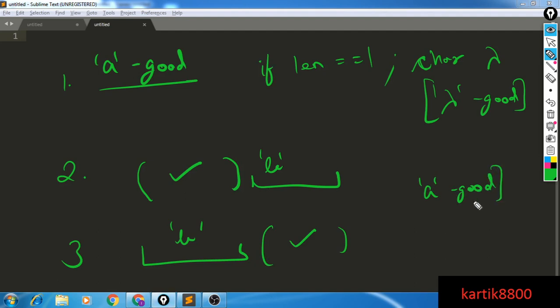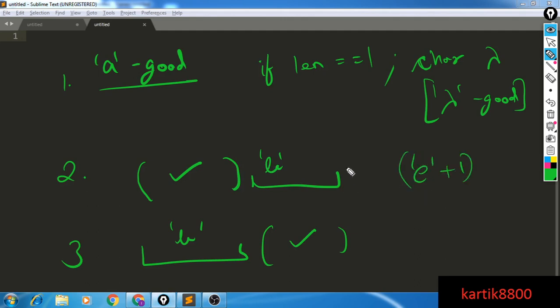I'll give you one small example of what I mean by an e-good string. An e-good string would be one where the length of the string equals 1 and the only character equals e. Or the first half of my entire string has all characters equal to e, and the second half is an e plus 1 good string.